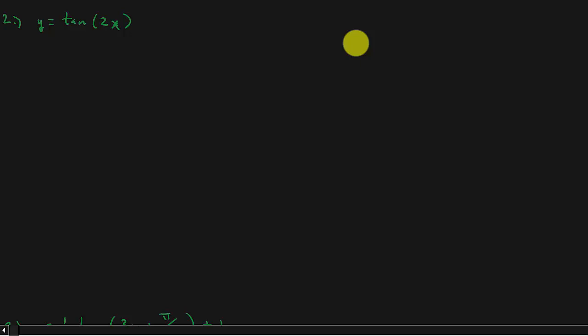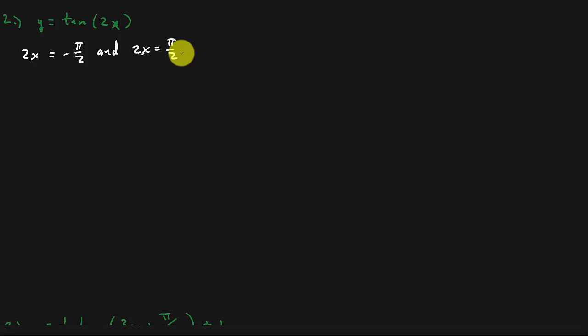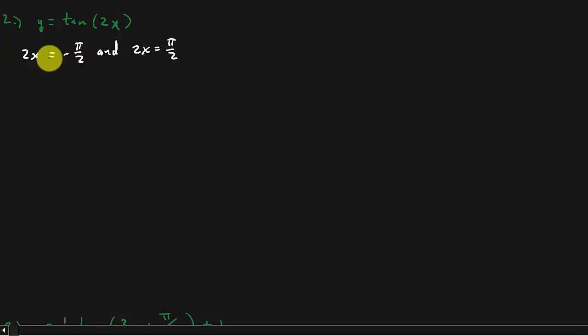So to get the adjacent asymptotes, whatever you're taking the tangent of, in this case 2x, you set that equal to negative pi over 2, and you set it equal to pi over 2. Every time, whatever you're taking the tangent of, you set it equal to negative pi over 2 and pi over 2. And then you solve for x. So if I multiply this by 1/2, that'll get rid of that 2. I'm going to multiply everything by 1/2. So x is negative pi over 4.